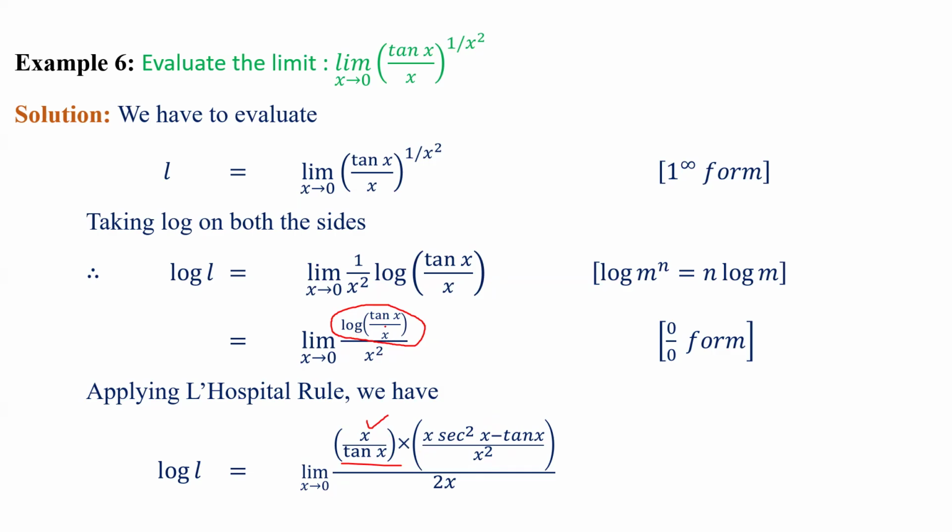So the derivative of u by v is denominator times derivative of tan x, which is sec² x, minus derivative of denominator, which is 1, into numerator, the whole divided by denominator squared. This is the derivative of log(tan x / x). And again, the derivative of x² is nothing but 2x. Let us simplify it.